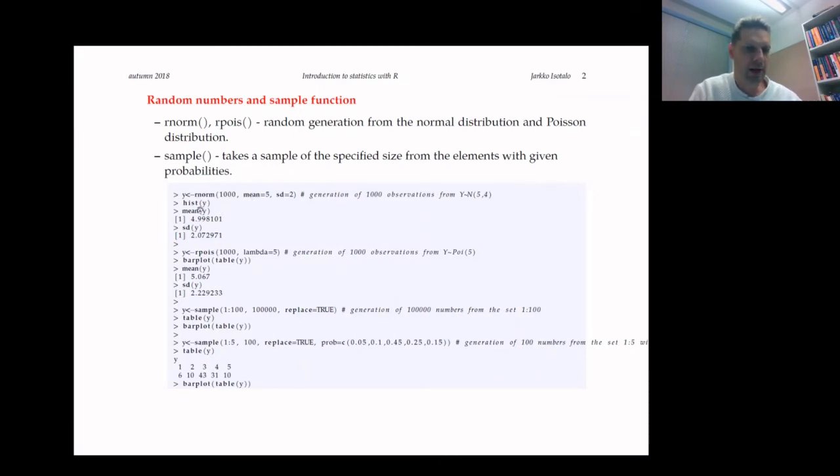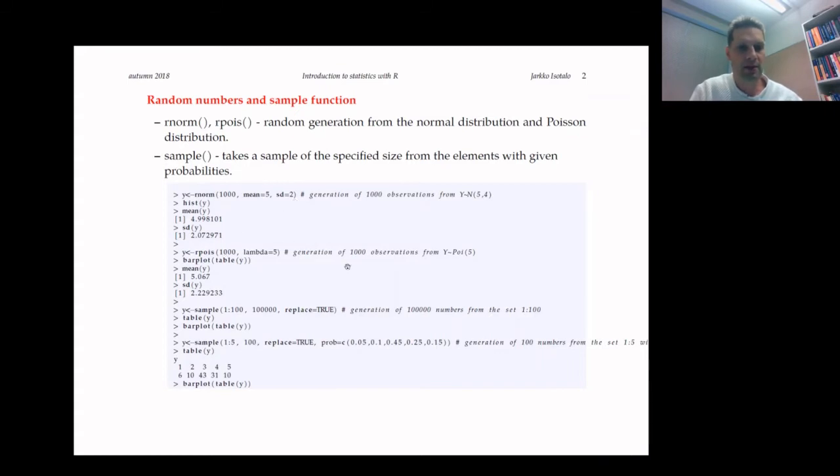And we can draw the graph of how they are distributed by using, for example, the function hist, which draws a histogram. If we calculate the sample mean and sample standard deviation of these 1,000 observations, they are pretty much close to what we have defined here as the population mean and population standard deviation.